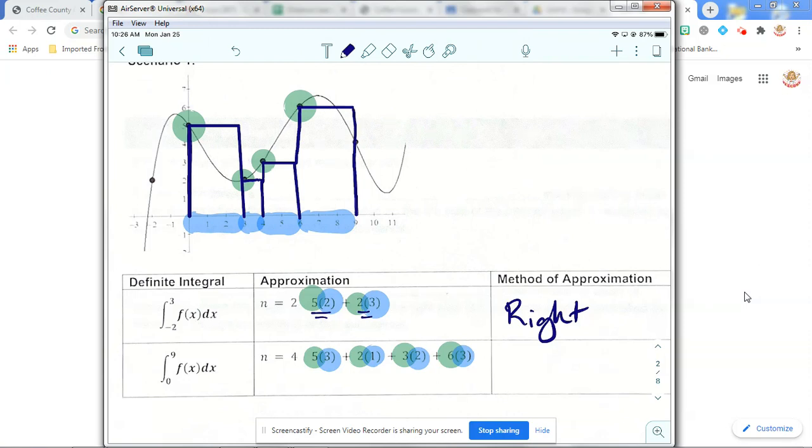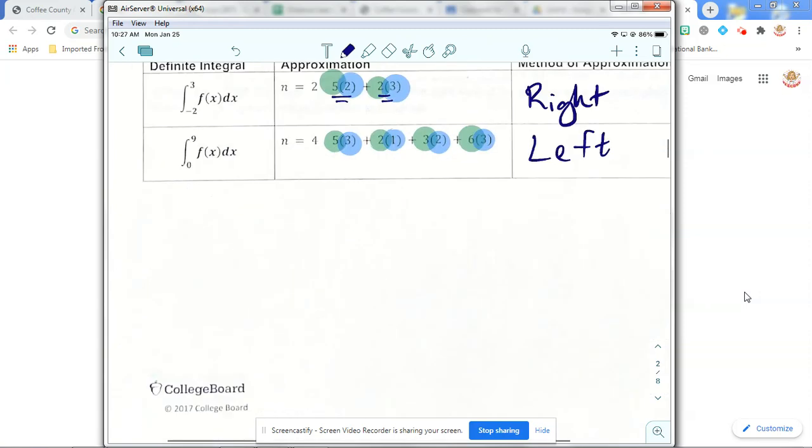Okay, so then when I go back and I look at the rectangles that we drew, the left point of each rectangle is sitting on the curve. So that should be a left Riemann sum. And again, we talked about it with the trapezoids a little bit. You don't have to have equal widths when you do Riemann sums or any kind of approximation methods.